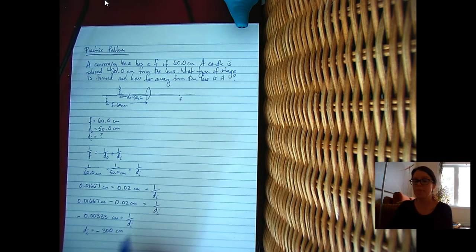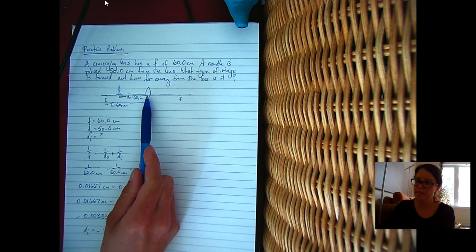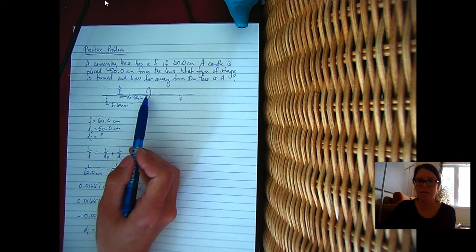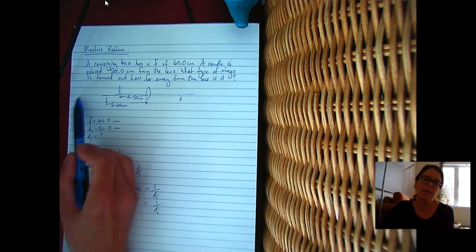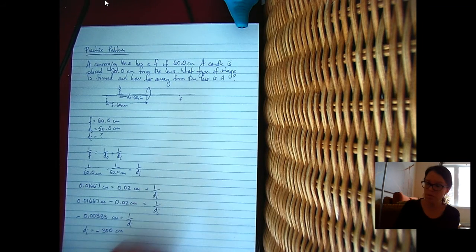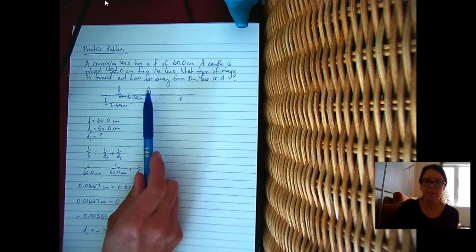So what does this tell me? This tells me that the image is 300 centimeters from the center of the lens. The negative tells me it's on the same side as the object. It's virtual, so it's way back here is where that image is going to be. So the first part says what type of image is formed.